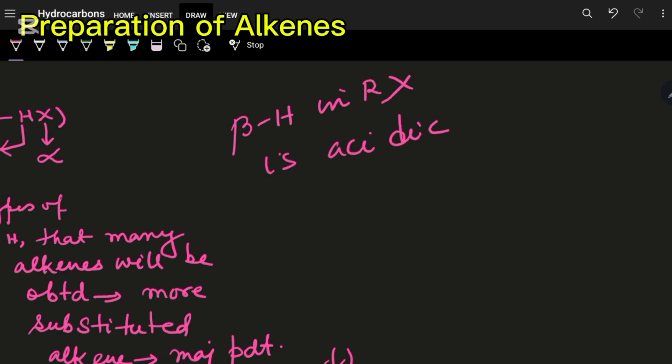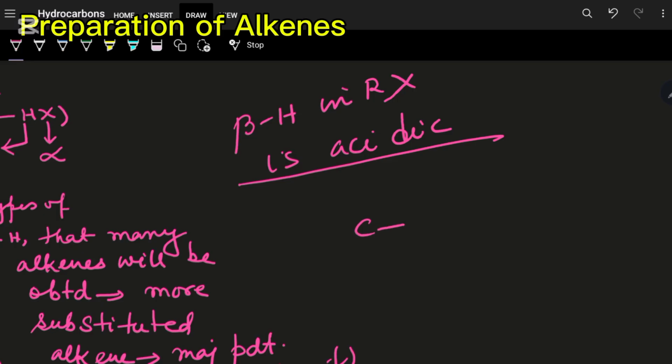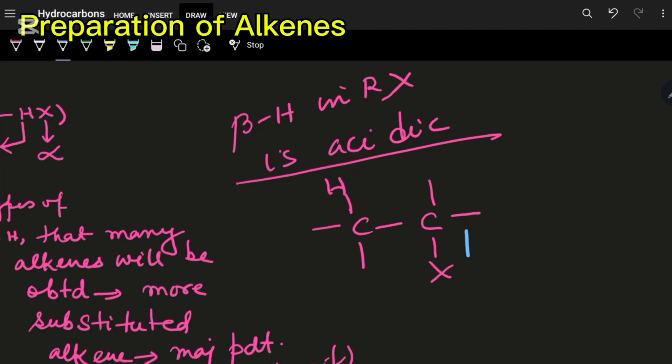The beta H in RX is acidic in nature because if this is X and here there is H, then on account of the polar nature of this C-X bond, X gets a partial negative charge and C gets a partial positive charge due to the electronegativity difference between halogen and carbon.